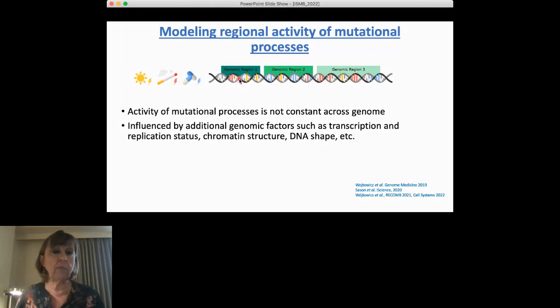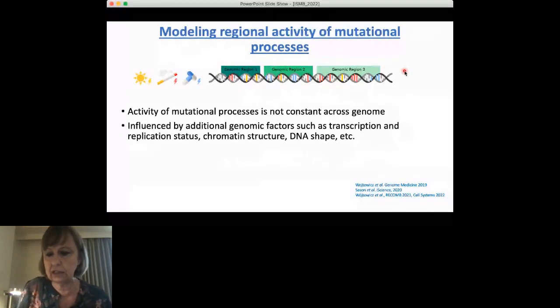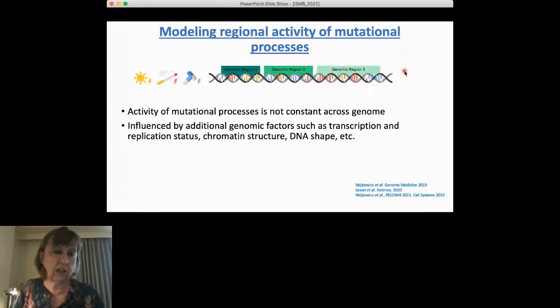Also, some processes like APOBEC give mutations in single-stranded DNA, which is again related to specific processes that create single-stranded DNA. To summarize, things are much more complicated than just assuming that the distribution is uniform, and some computational methods and approaches to model this dependency have been developed, including some from our group.